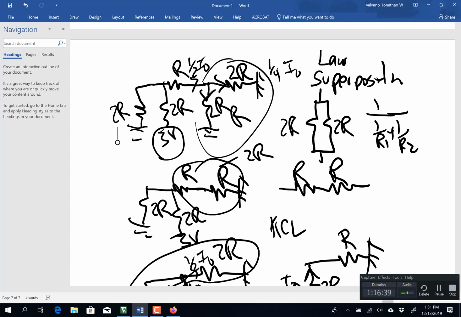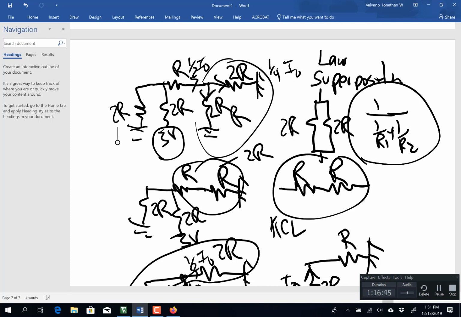You're going to have to be able to combine resistors in parallel and in series. You're going to have to see Kirchhoff's current law and Kirchhoff's voltage law in order to solve the problems.